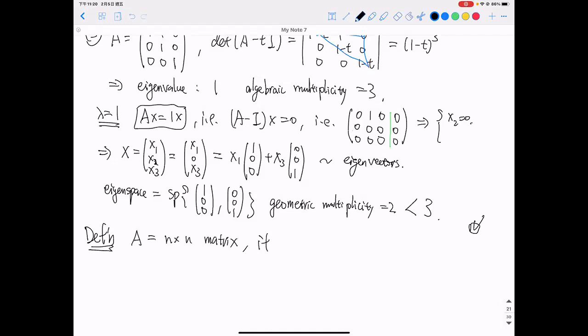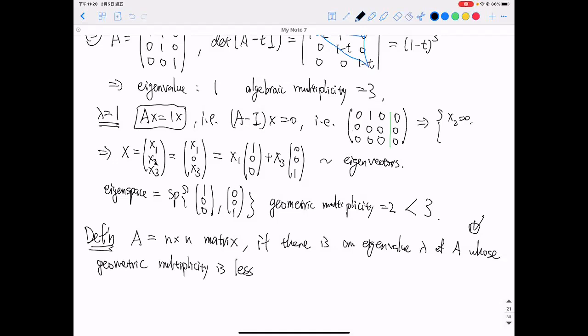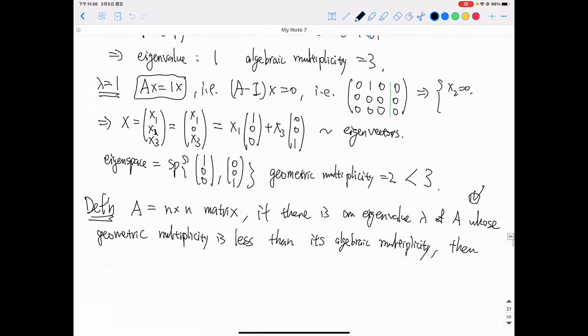If there is an eigenvalue lambda of A whose geometric multiplicity is less than its algebraic multiplicity, then A is called defective.